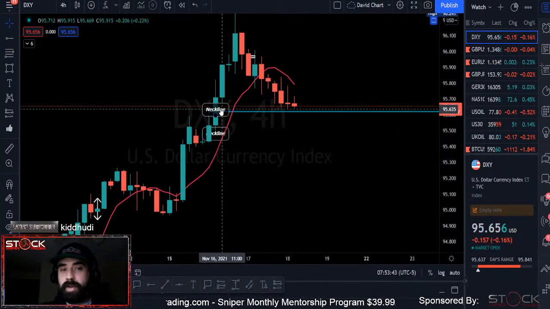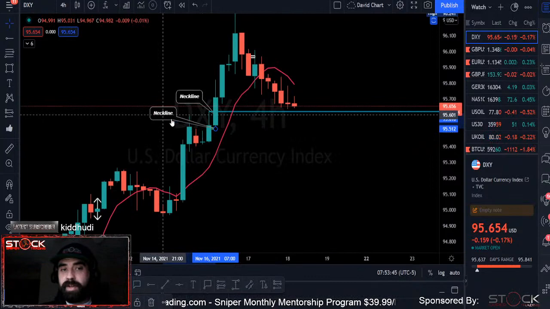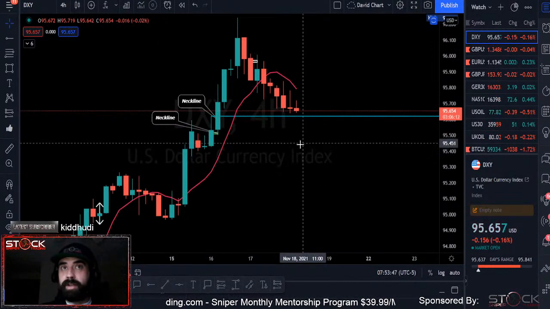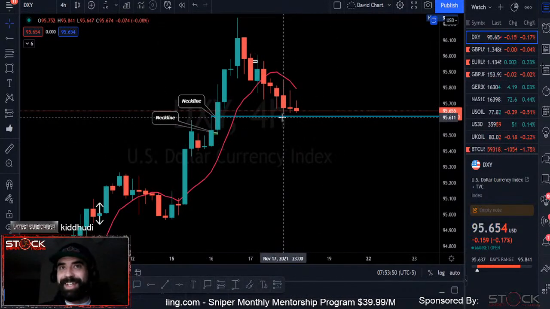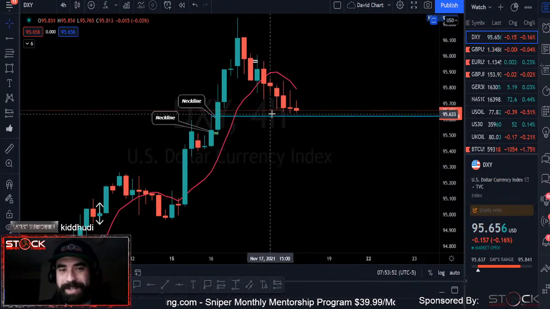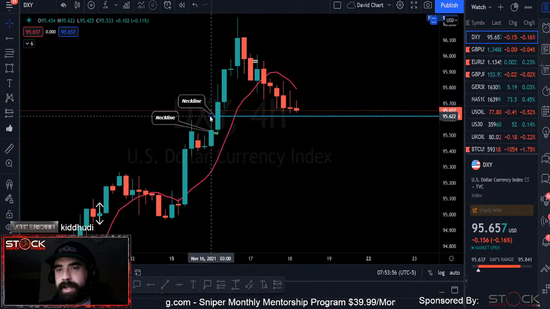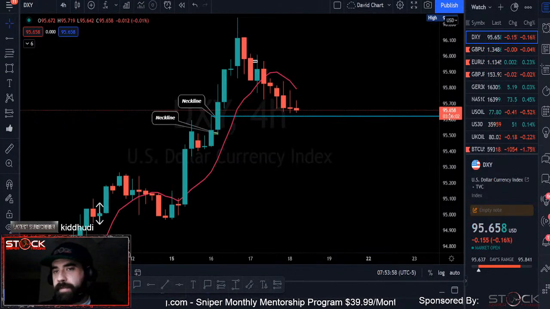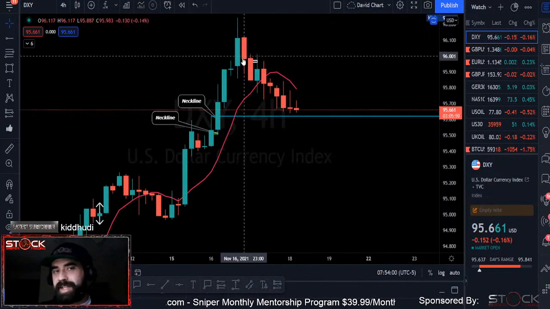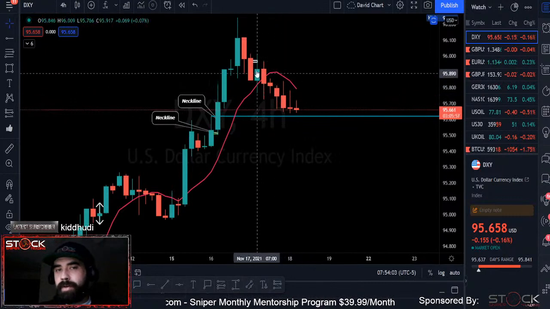So we're very high, guys, in terms of the DXY. It looks good. I wish it did, man. You can see the support starting to form at that 95.6. Right now we're at 95.658, but you can see the steady selling pressure. But look at the volume on the candles.